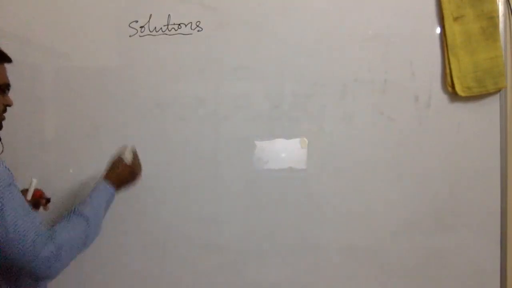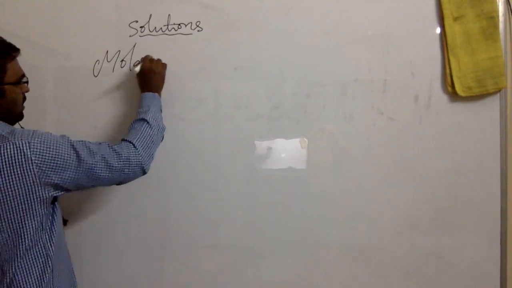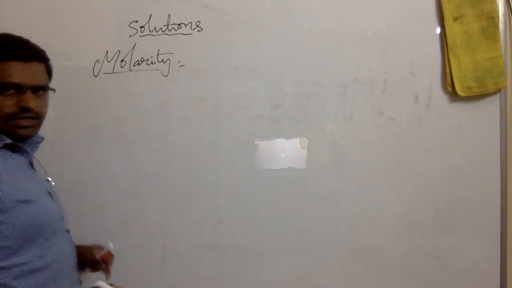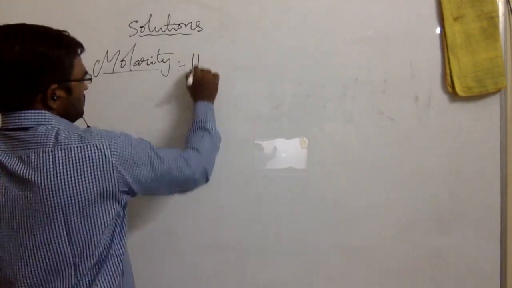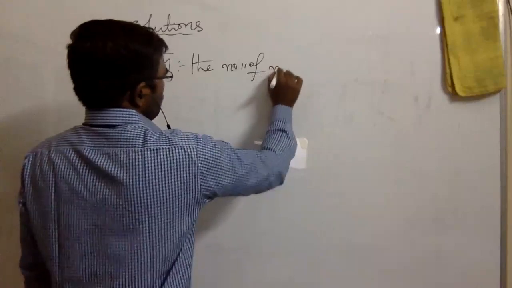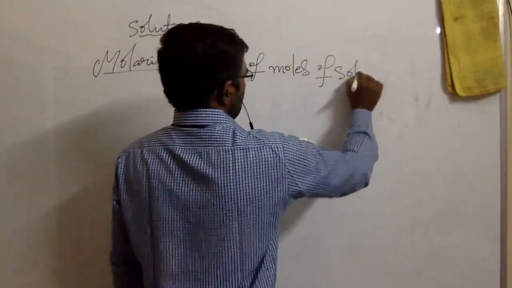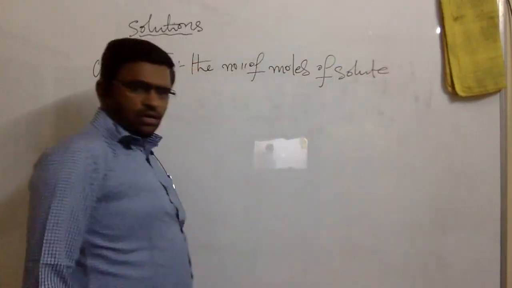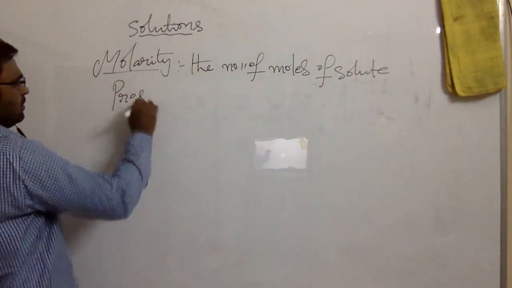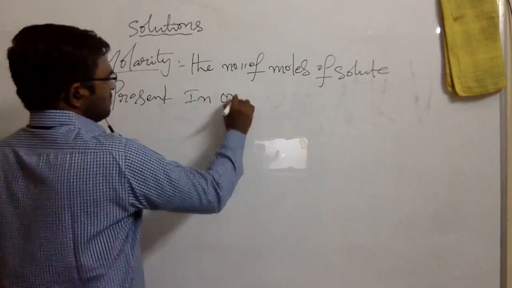See, the first one is molarity. First, we focus on the definition. What is the exact definition of molarity? Here, molarity means the number of moles of solute present in 1 liter of solution.